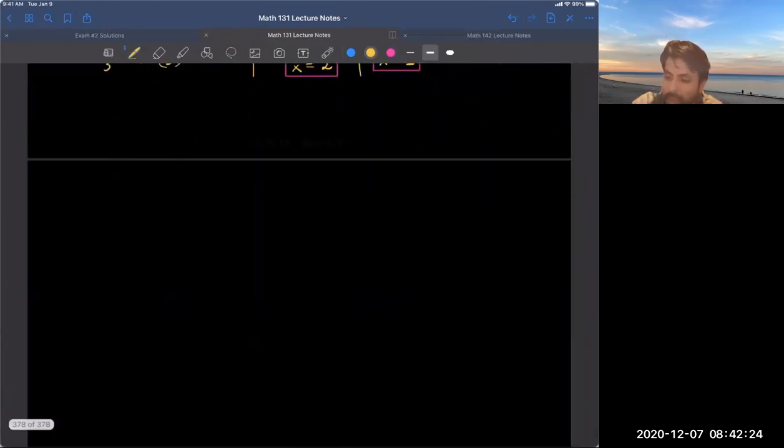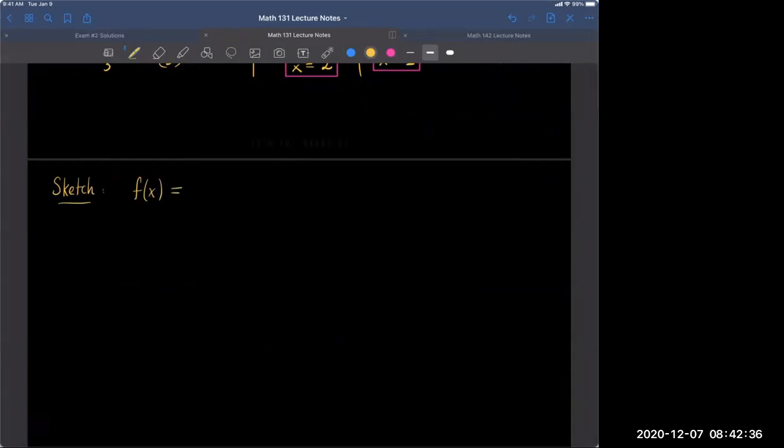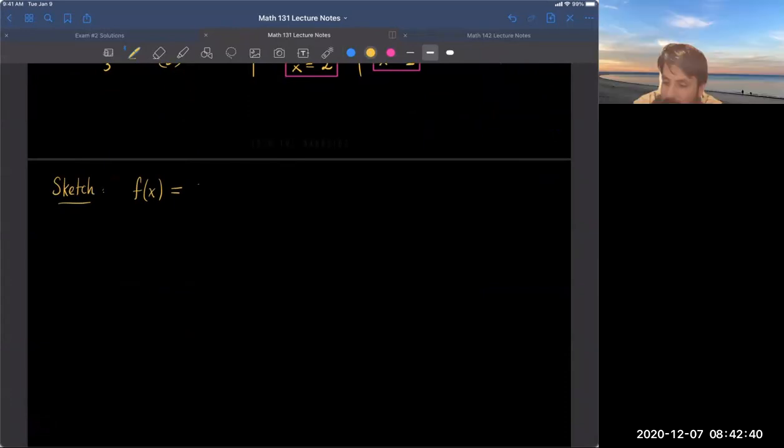Now, let's briefly go over this. What if I want to sketch the function? Let's write this as 3 to the negative x. What is this function?